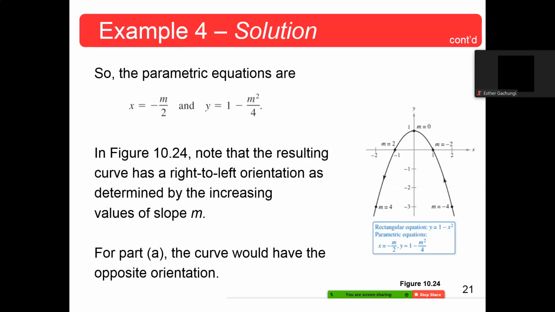So this parametric equation plots like this. Note the resulting curve has a right to left orientation determined by increasing values of the slope. Because you're going from a positive slope, and then start going negative slope.